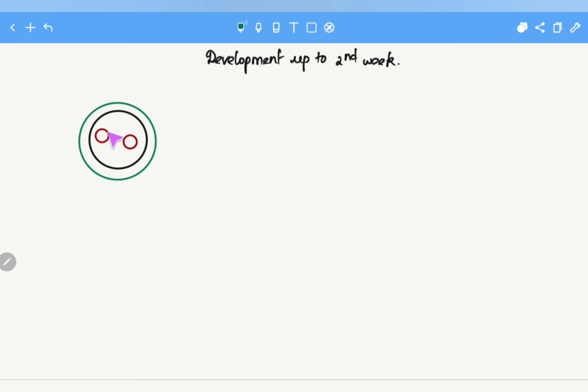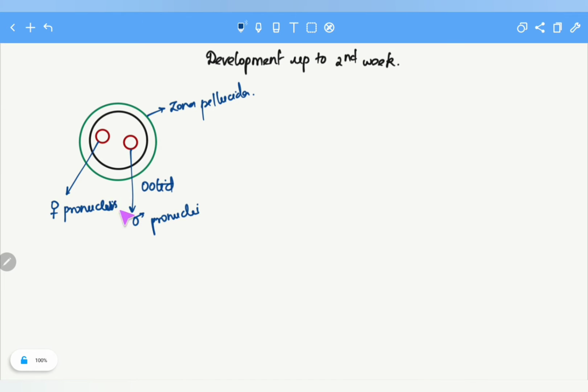So this is the female pronucleus and this is the male pronucleus. What happens further to this oocyte?